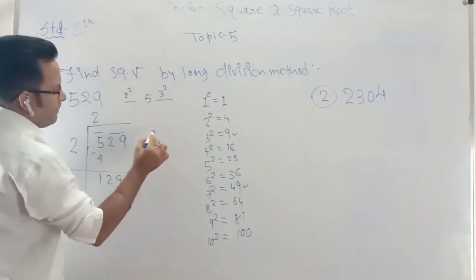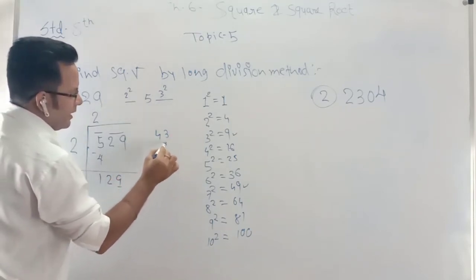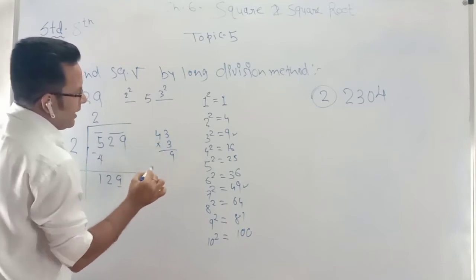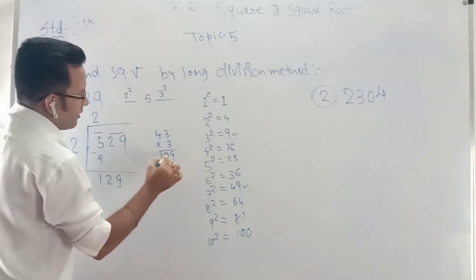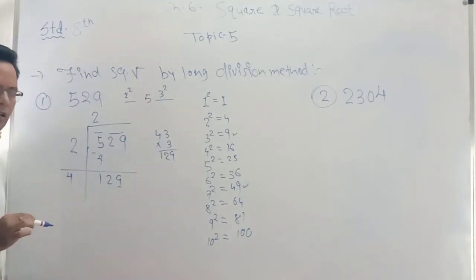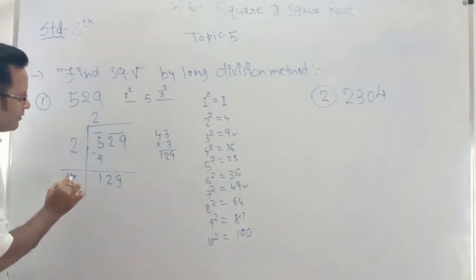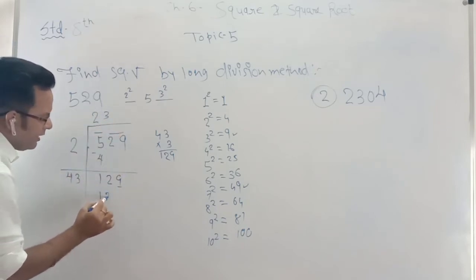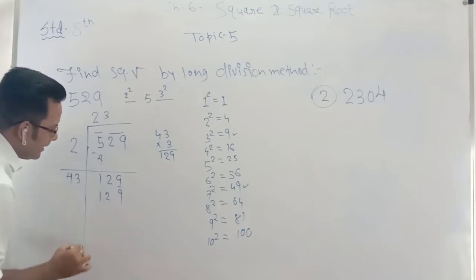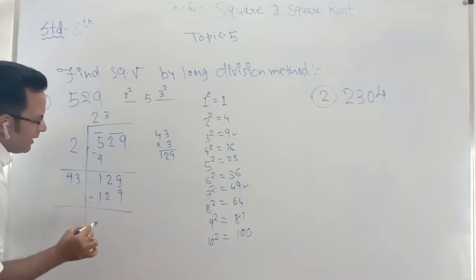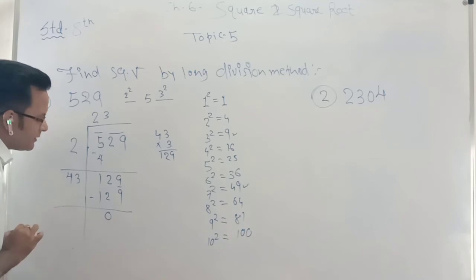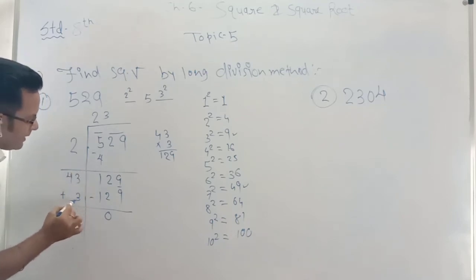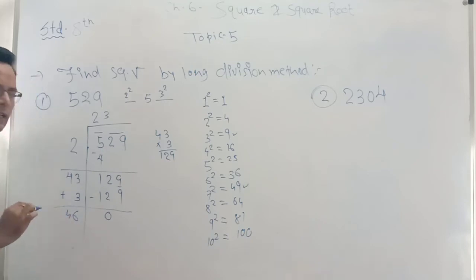So how it will be? 43 into 3. 3 3s are 9. 4 3s are 12. So we can take 3 square here. So 43 3s are 129. Minus, what will be here? 0. And 43 plus 3 will be 46.